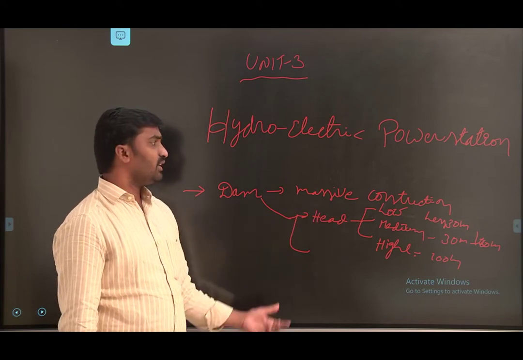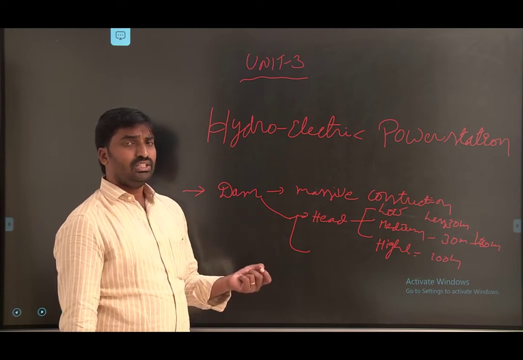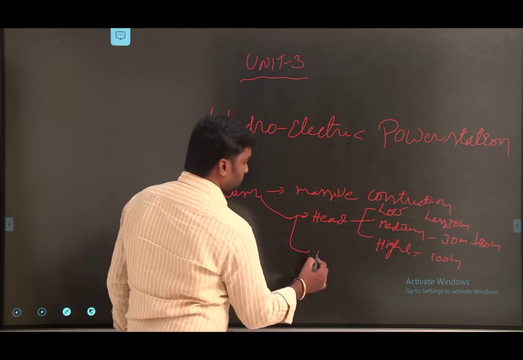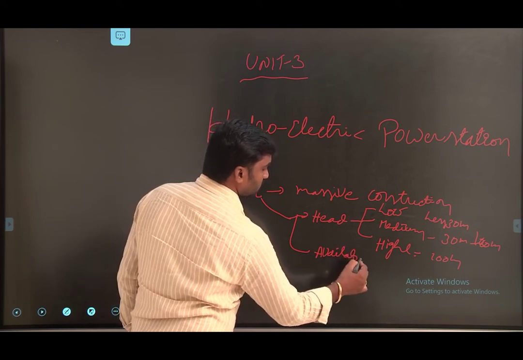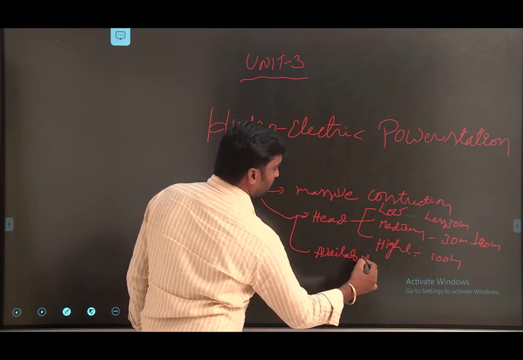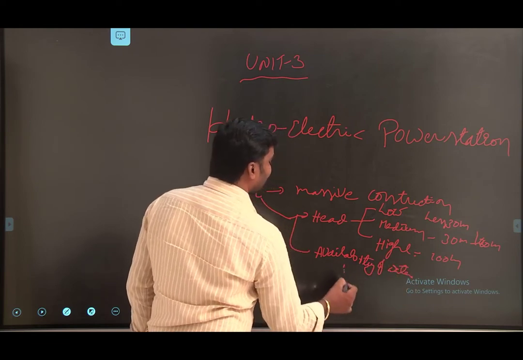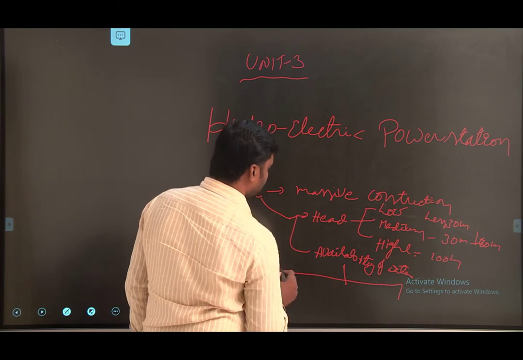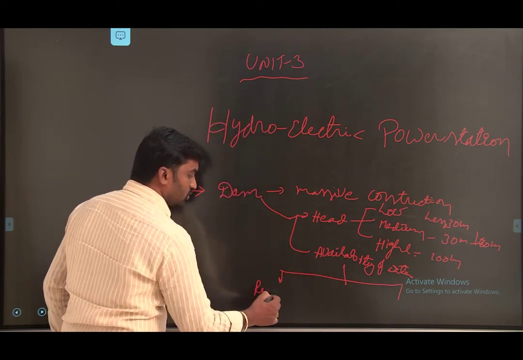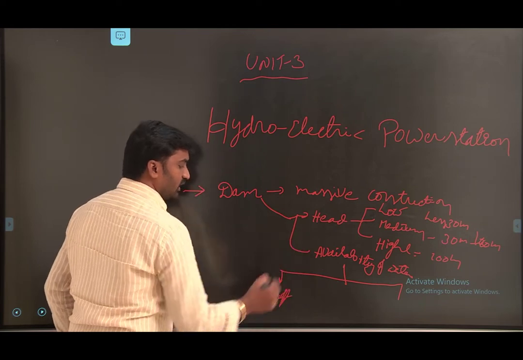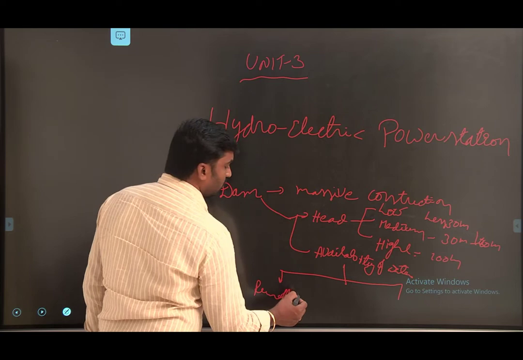We can also classify the dam on the availability of water. When the water is continuously available, that type is known as run-of-river without pondage system.